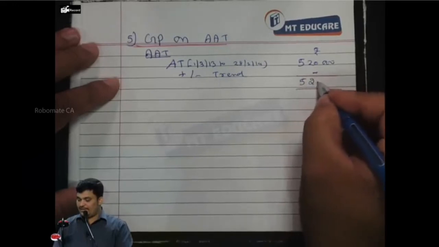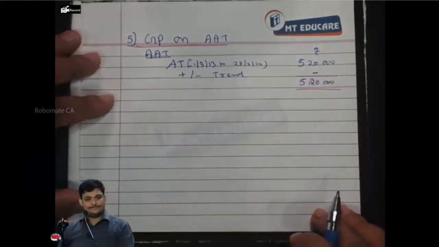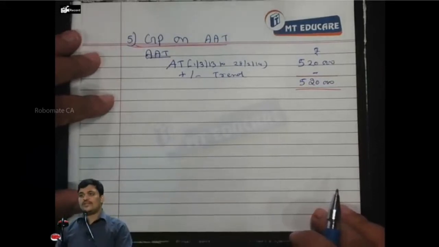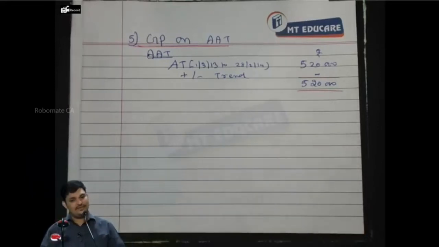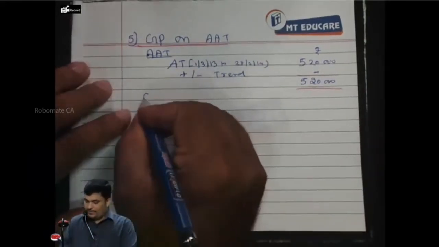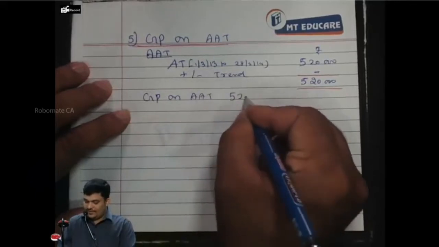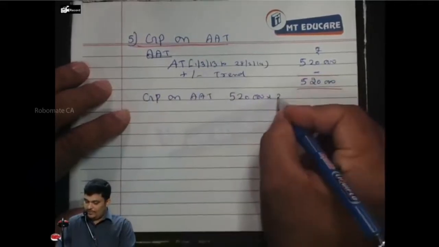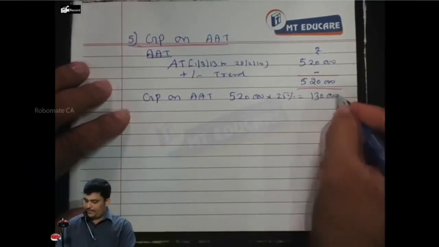Thereby 5,20,000. Everybody? Yes, so during the fire affected period, how much sales have you made? 1 lakh. During the fire affected period, you have made sales of 1 lakh. Anyway, now listen. So GP on AAT will be 5,20,000 into 25%. How much? 1,30,000.